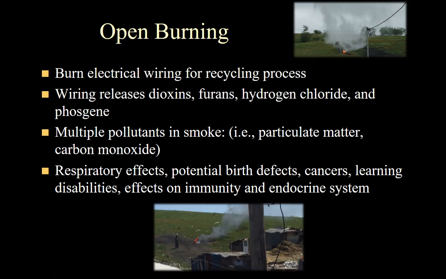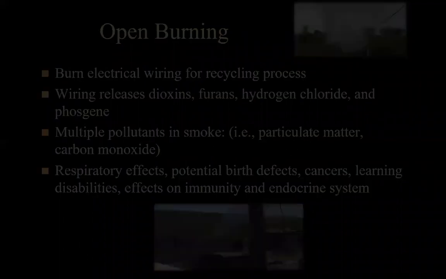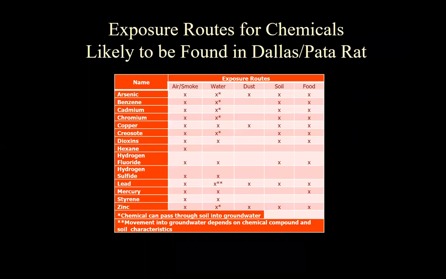So what I did, again, I used some other methods, but through observation and photography and photo voice, and of course, looking back through literature, I was able to determine the chemicals that were most likely to be found in the community, as well as the exposure routes for these chemicals.